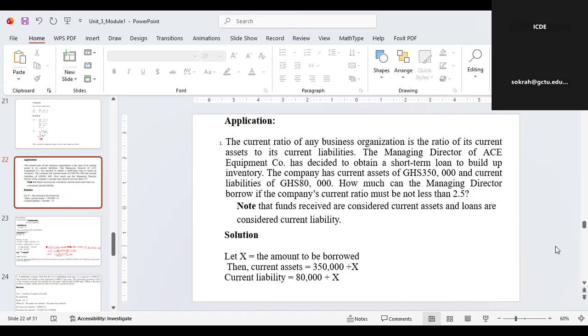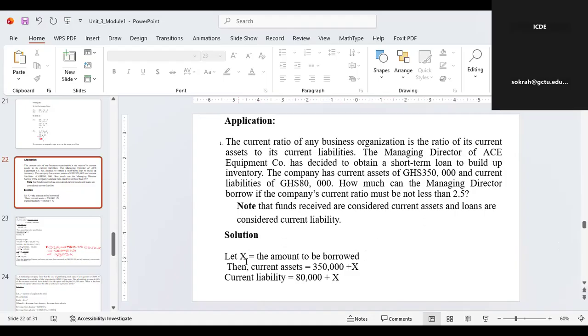Now, in handling this, you let X be equal to the amount to be borrowed. So that is what we are going to look for, because the question is how much can the managing director borrow.